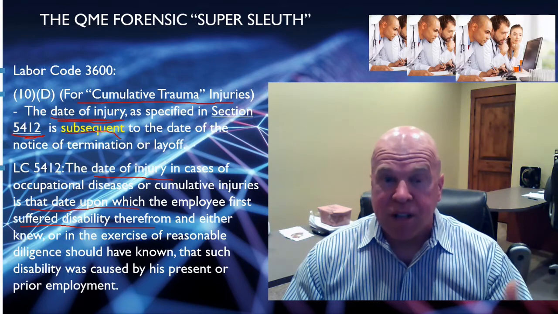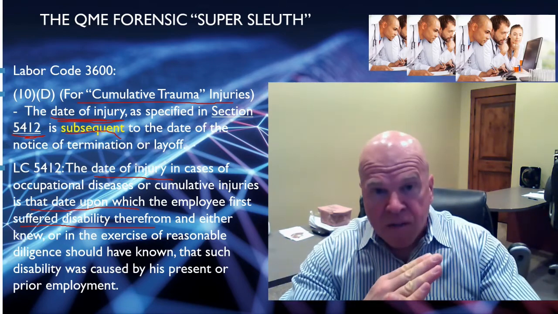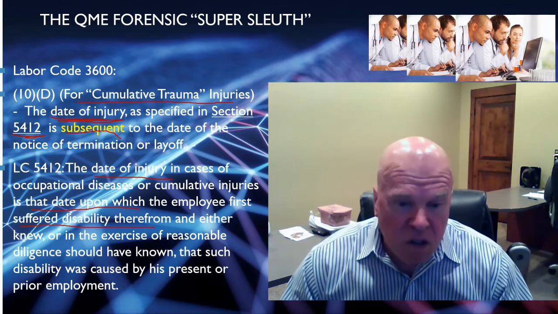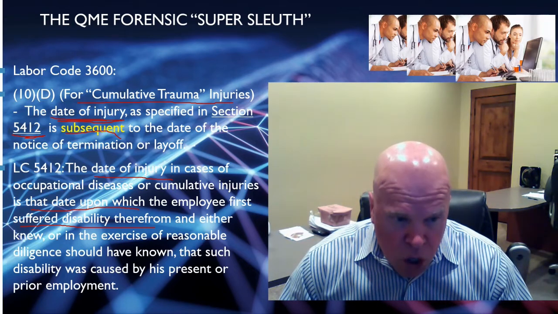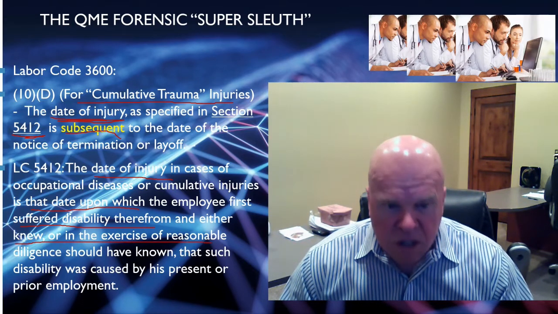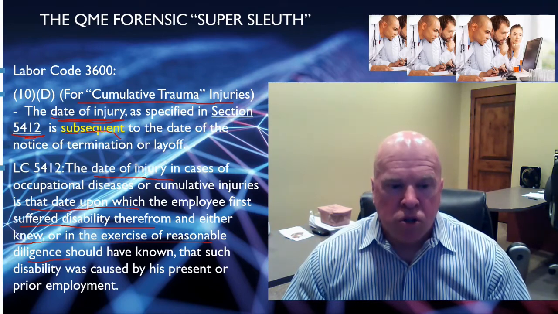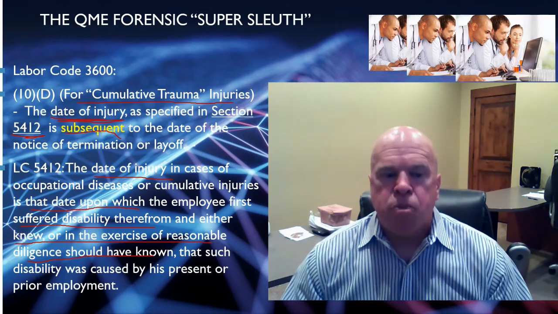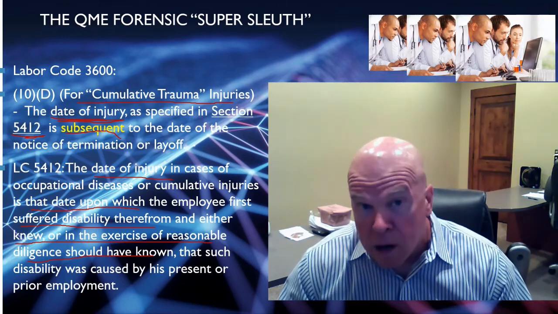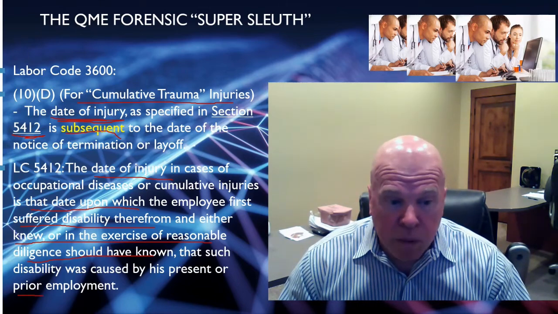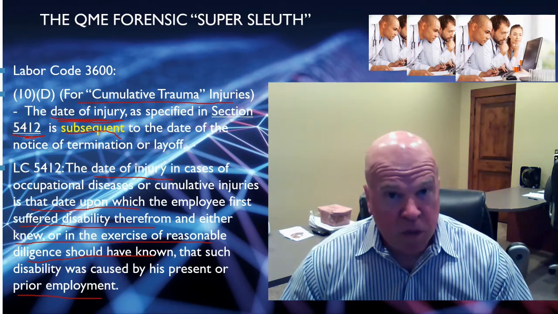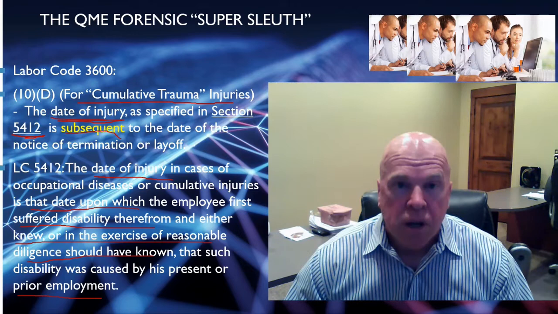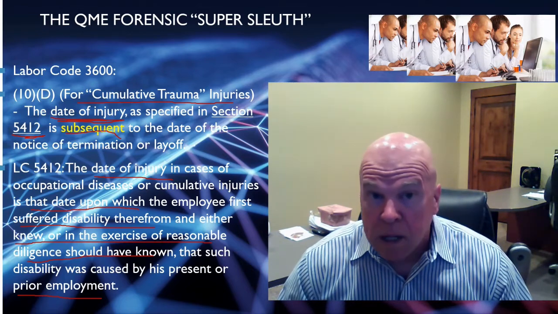Number 2 is and. We have to have an intersection of 2 things. The second thing is that they knew, or in the existence of reasonable diligence should have known, that such disability was caused by the present or the prior employment. Prior employment is what is specifically being referred to here as post-employment filing of a cumulative trauma injury claim.